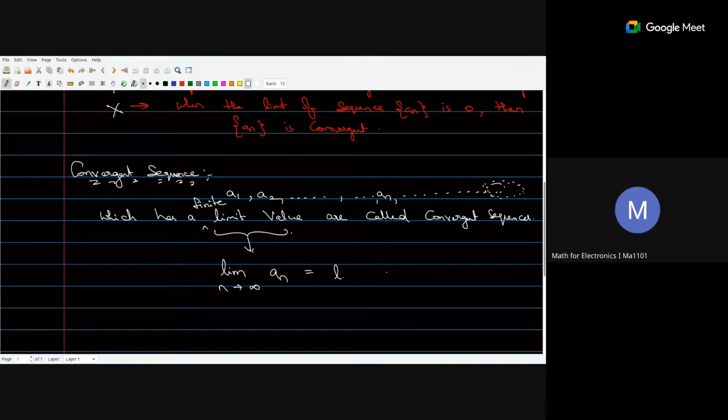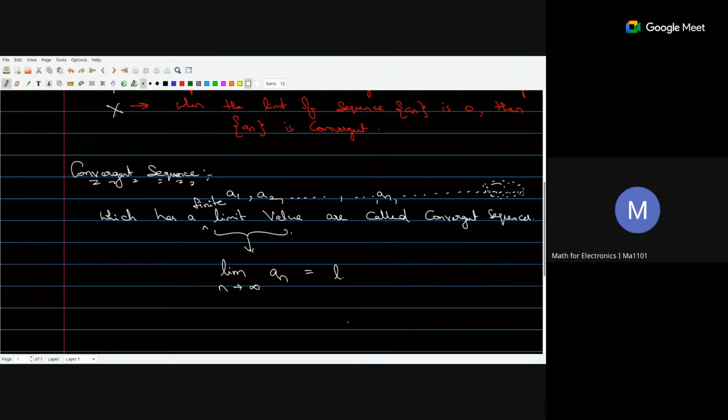Fine. So if as n tends to infinity, the last real numbers in my sequence are all equal to some single, unique value L, then I say the limit of this sequence exists, and that is equal to L. And this L needs to be finite.